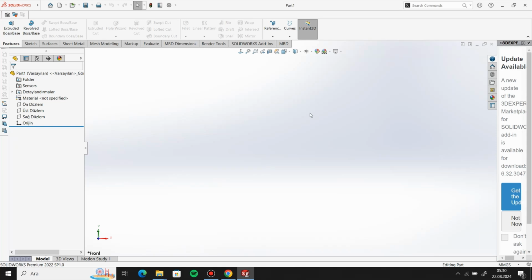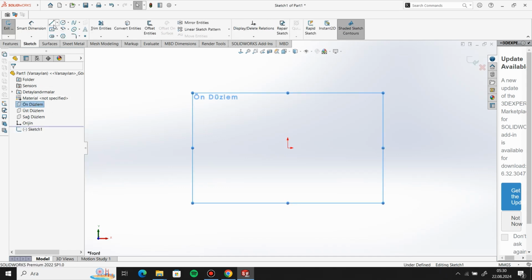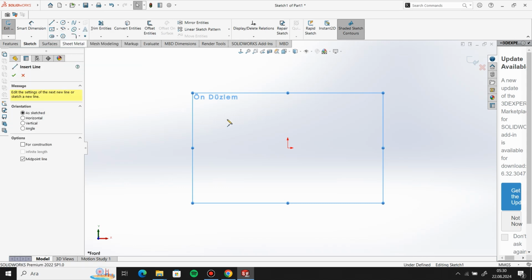In this lesson, we will learn how to model a cylinder. There are two ways to do this. In the first method, I start by sketching on the front plane. I place the origin at the midpoint of my first line and draw a rectangle.